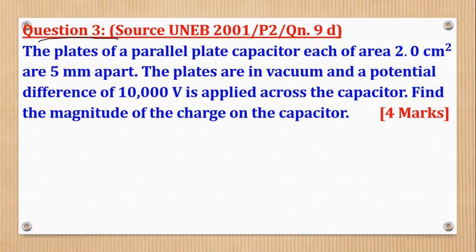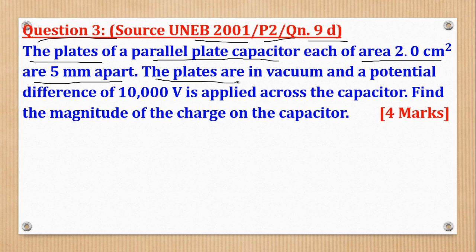Then question 3 came from UNEB 2001, paper 2, question 9D, and says the plates of a parallel plate capacitor, each of area 2 centimeters squared and 5 millimeters apart, are in vacuum, and a potential difference of 10,000 volts is applied across the capacitor.